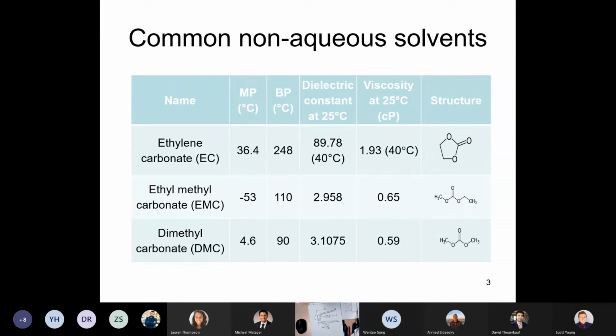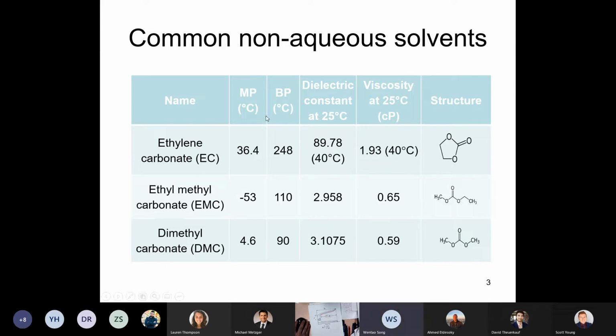It's very fortunate that you can do this and get away with it. If one of these things didn't exist, it would make our life a lot more difficult as a lithium battery scientist.